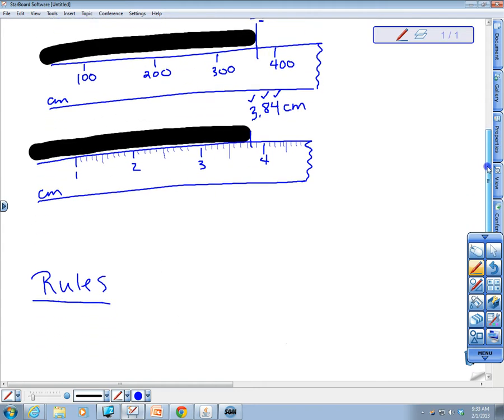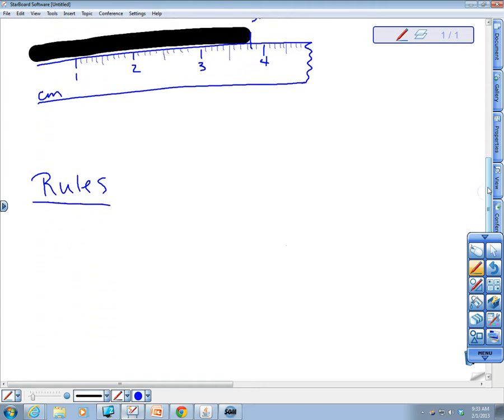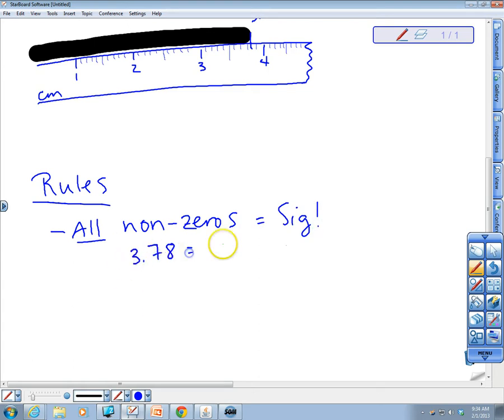Okay, so let's look at the rules. How can we tell when a number is significant and when it is not? First, all non-zeros are always significant. So 3.78 has 3 significant digits, or significant figures.